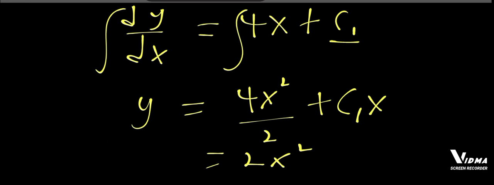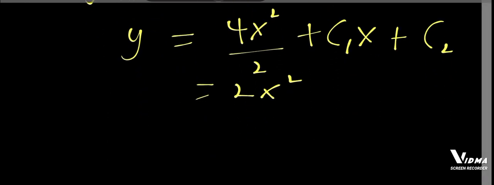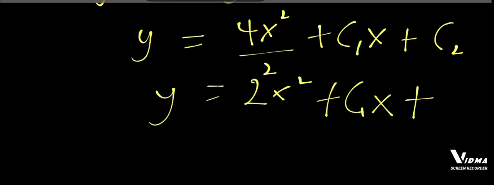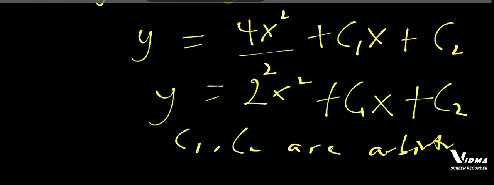And because we are integrating an indefinite integral, we add another constant, which is c2. So in the long run, our general solution becomes 2x squared plus c1x plus c2, where c1 and c2 are my arbitrary constants. Okay, so that's how we solve it.